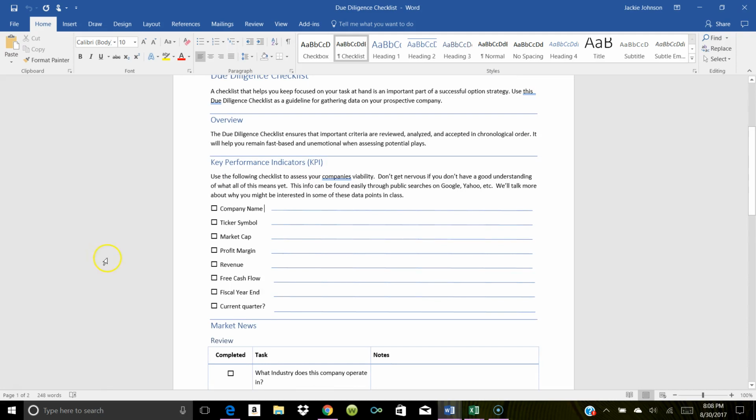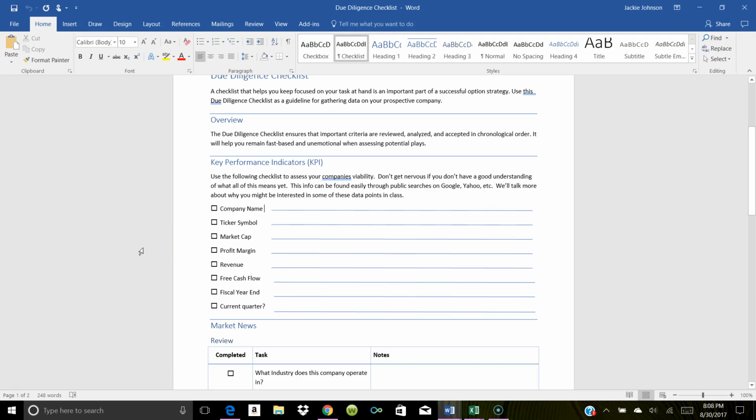So the first one is the company name. You want to type in the company name that you're researching. For this demonstration, we're continuing with Microsoft, so we'll type Microsoft Corp in that section. Check it off, that's done. Next would be the ticker symbol.